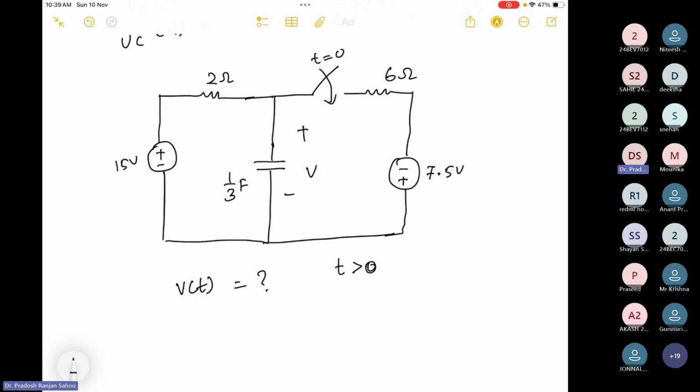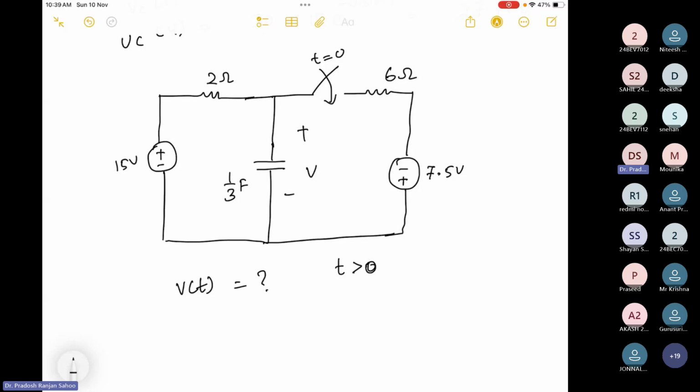The meaning of the circuit is that the switch is open for a long time. At t equal to 0, the circuit is closed. Find out the voltage across capacitor at t greater than 0. The question they asked is like this.